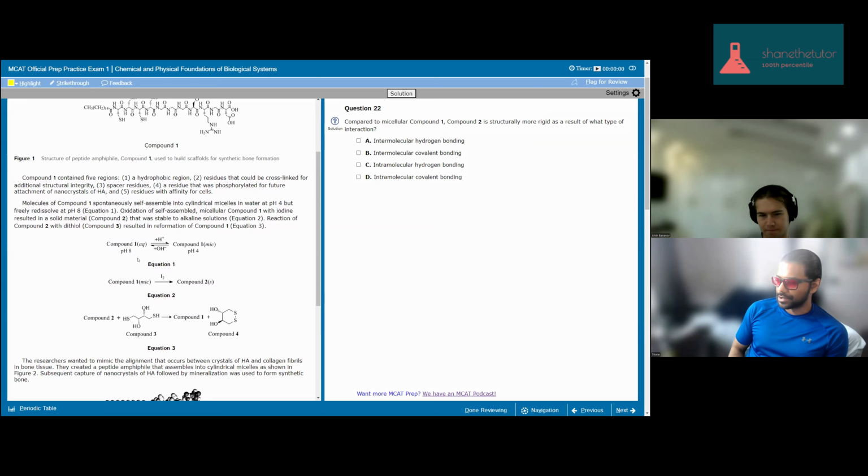It has to do with some of the stuff we've talked about. It would break disulfide bonds, right?